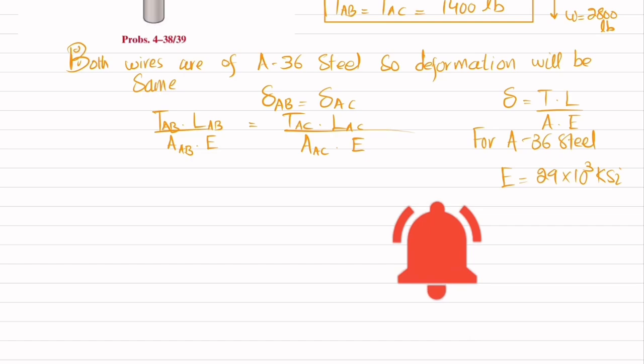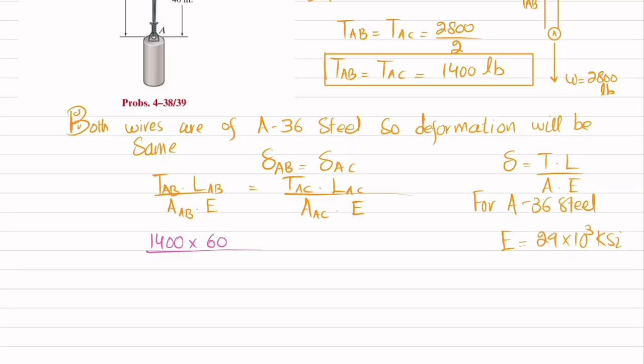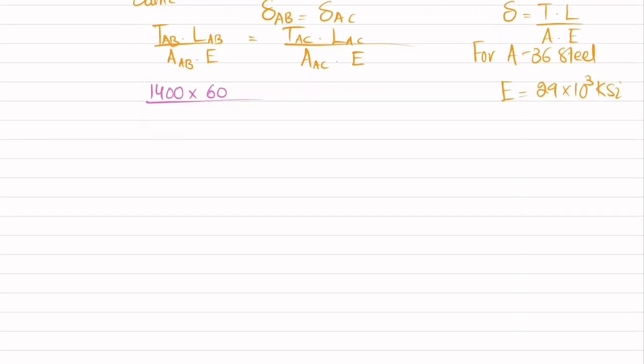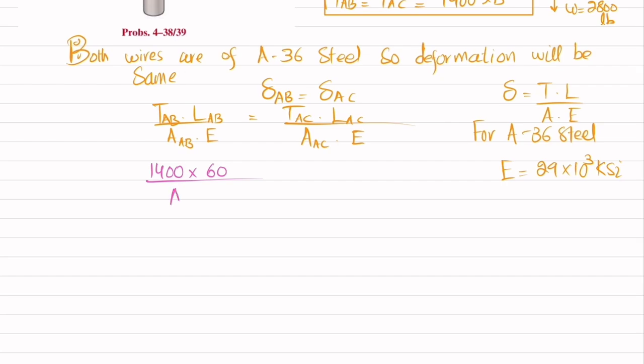Now put the values. TAB is calculated as 1400, and the length of AB is 60 inch, as written in the data. You can see this is length AB, this is length AC. Each and every data is given. The cross-sectional area of AB is not known, into E, which is 29 into 10 raised to power 3 ksi. We multiply 10 raised to power 3 additionally to remove the kilo.